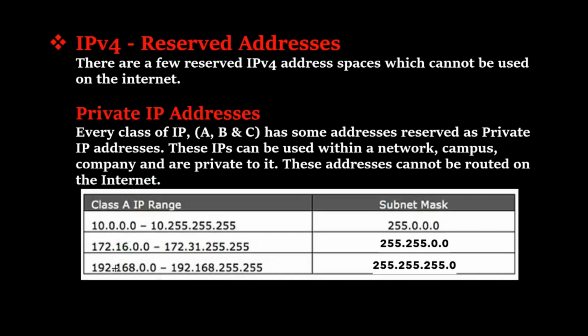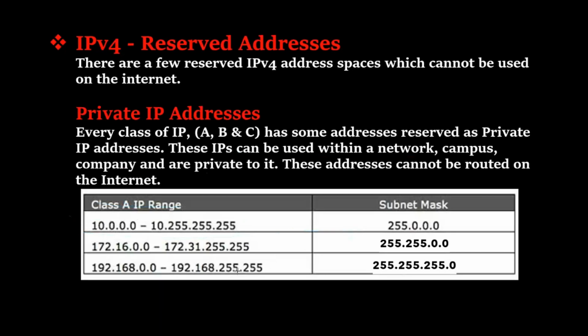That is the answer to the question. So here, in class A, only this range you can use in your LAN: 10.0.0.0 to 10.255.255.255 is the complete network of class A, with the subnet mask. That is reserved for private IP.